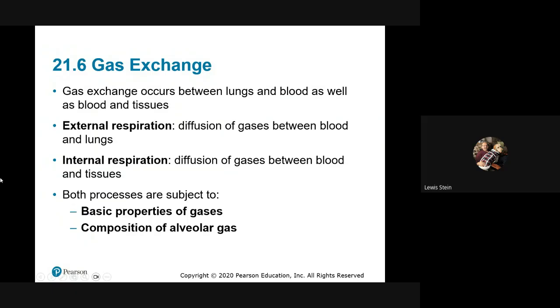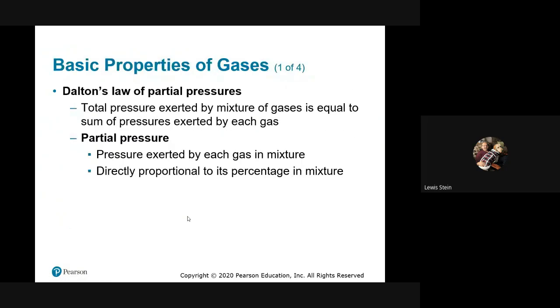That's the other point. In this book, I call it breathing or respiration, but they call it external respiration. I'll buy that. Internal respiration, they're talking about the cellular level. And these are some sciencey things. I don't know whether you do them in chemistry or not. You probably do. Dalton's law of partial pressures, right?